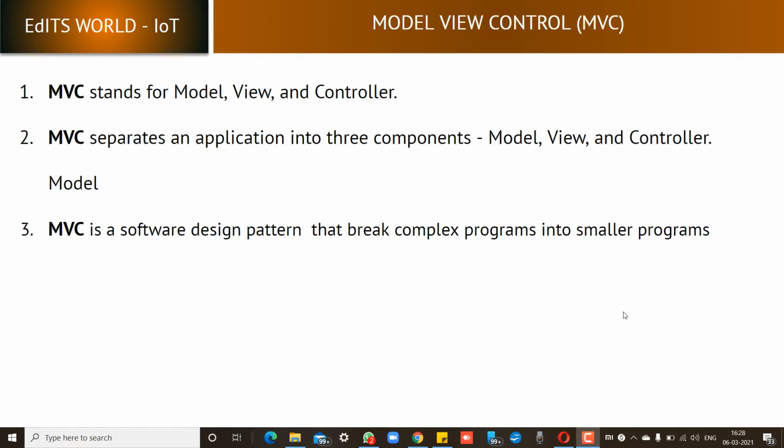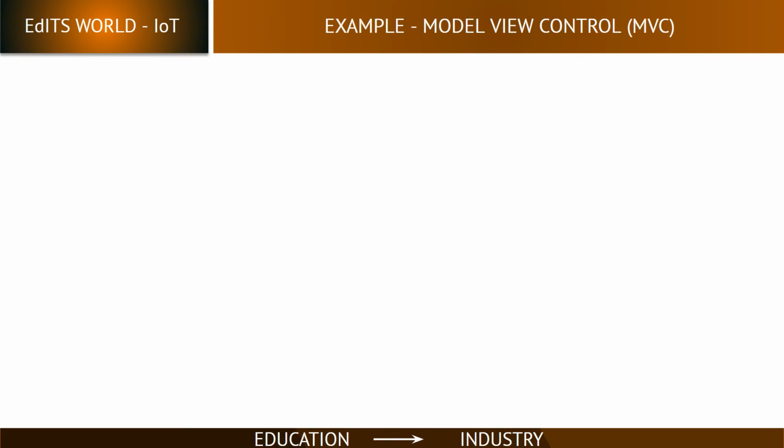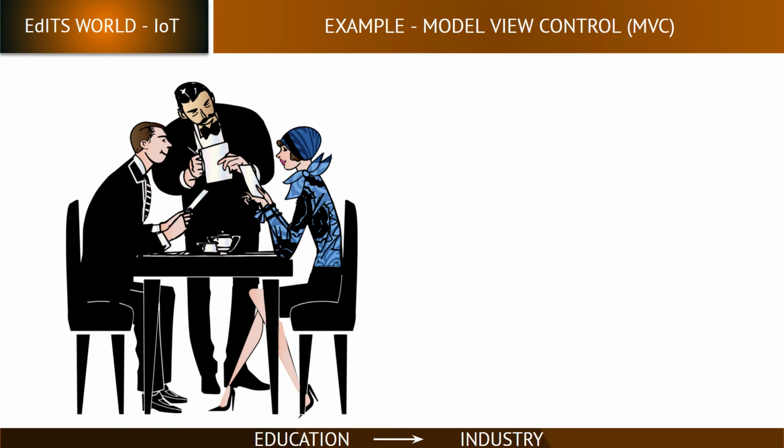We can try to understand this MVC concept with an example related to our daily lives. Now, imagine yourself sitting in a good restaurant, Pizza Hut, Domino's, anyone that you like the best, and you have gone and you're selecting a pizza from the menu.